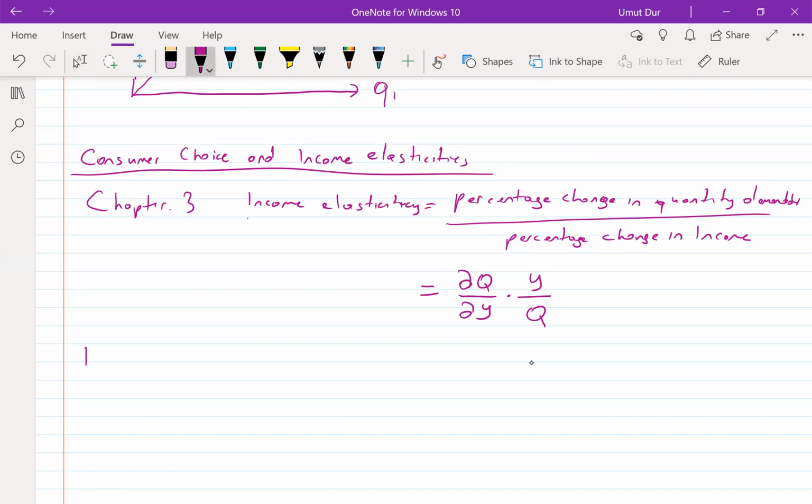Basically, if the good is normal, which means that as income increases your quantity demanded will increase, is your income elasticity positive or negative?